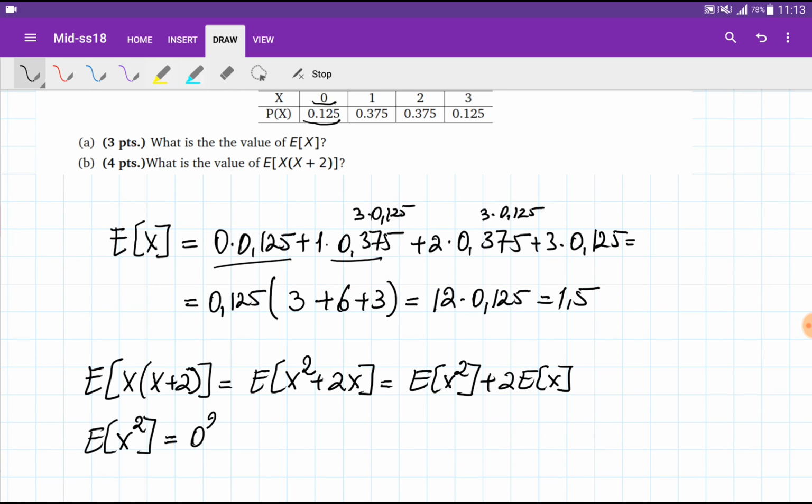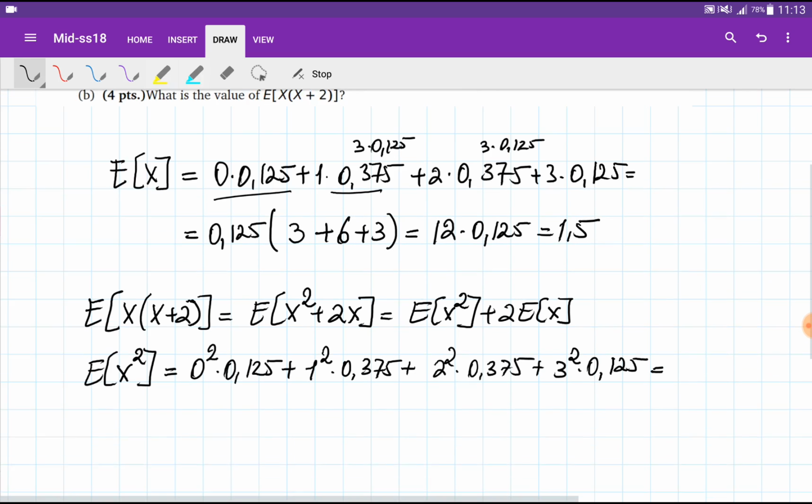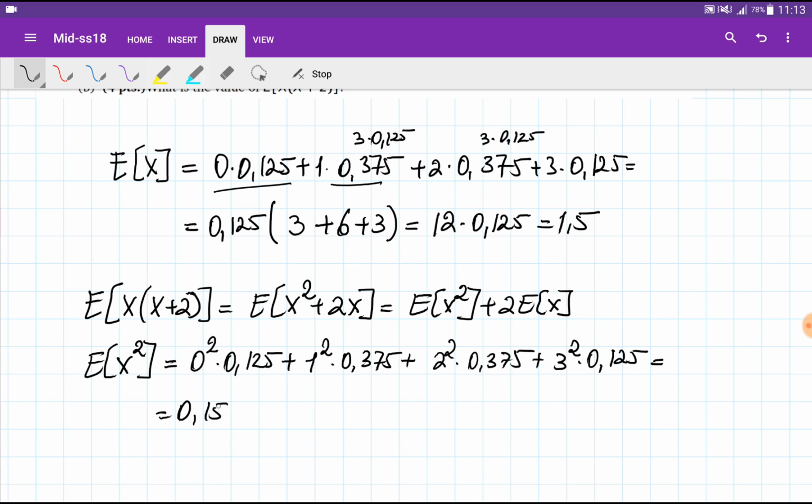by its corresponding probability. So this will be 0 squared multiplied by 0.125 plus 1 squared multiplied by 0.375 plus 2 squared multiplied by 0.375 plus 3 squared multiplied by 0.125. Which is equal to, if I take out 0.125 from the brackets, it will be 1 plus 4 multiplied by 3 plus 9, which is equal to 24 multiplied by 0.125, which is equal to 3.